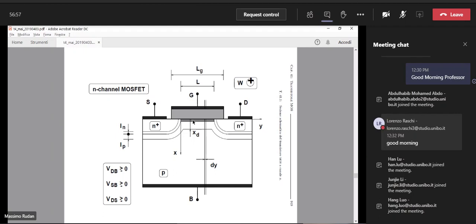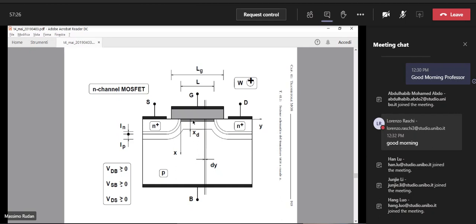So the control port, the gate to bulk port, is able to control the current in the device without absorbing any power, because the gate current is zero, so the power in the gate port is also zero.